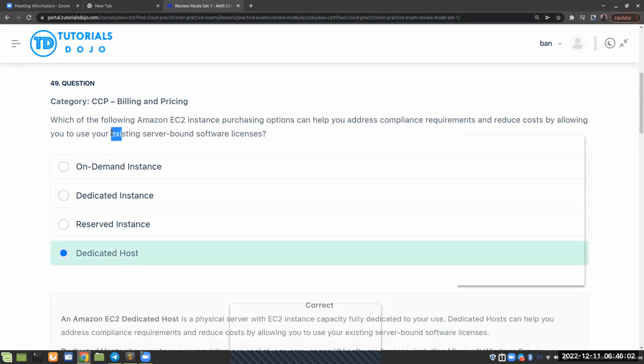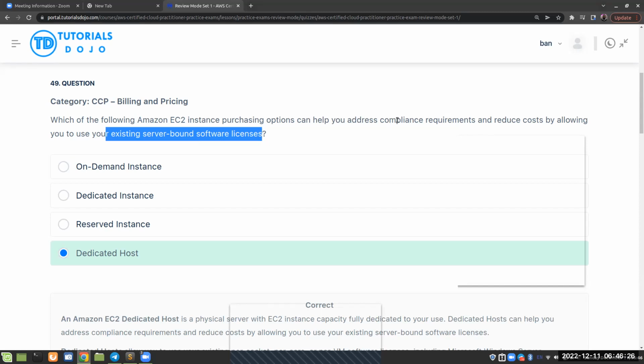So what is another word for use your existing server-bound software licenses? Or what phrase do you always get when you are using dedicated hosts? Bring your own license. Right, that's correct. So bring your own license, BYOL.